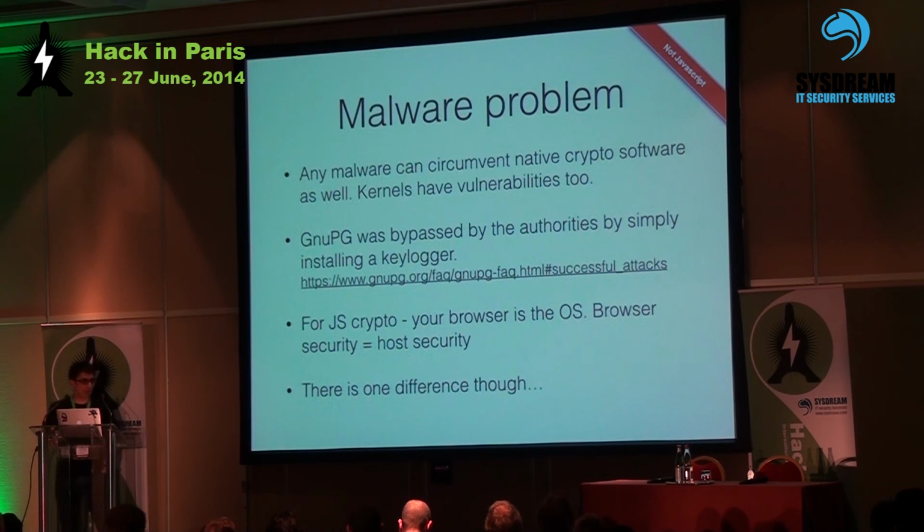And actually, this has been done. GnuPG, even in their FAQ, mentioned that GnuPG has been bypassed by Drug Enforcement Administration authorities by simply installing a keylogger on the victim's machine. So there was no crypto involved. They just pwned the machine.